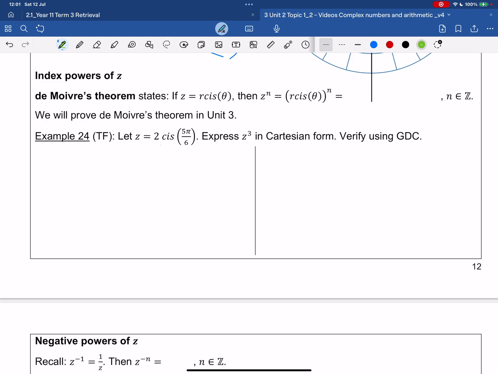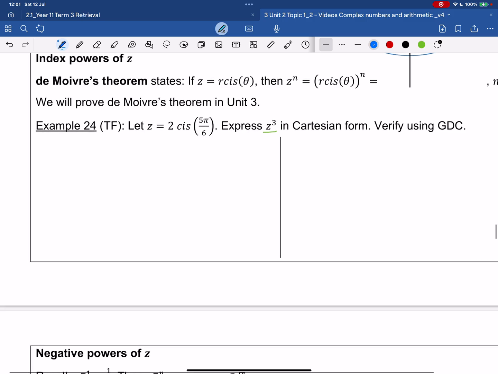Let z equal 2 cis 5 pi on 6. And they've asked us to express z cubed in Cartesian form. So the way we're going to do that is using de Moivre's, and I know I probably pronounce it completely wrong.